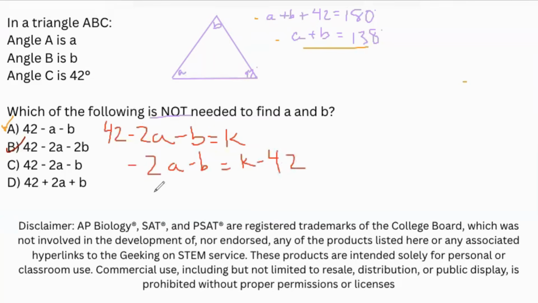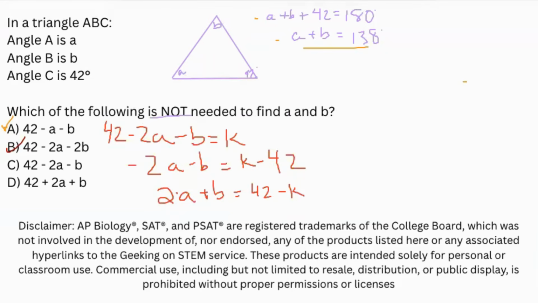Multiplying everything by negative 1 is going to switch all the signs, so 2a plus b equals negative k plus 42. And just like before, I could flip this around, so I could say 42 minus k as well, just to make it easier. And the reason why I'm doing this is because I want to get a and b by themselves.